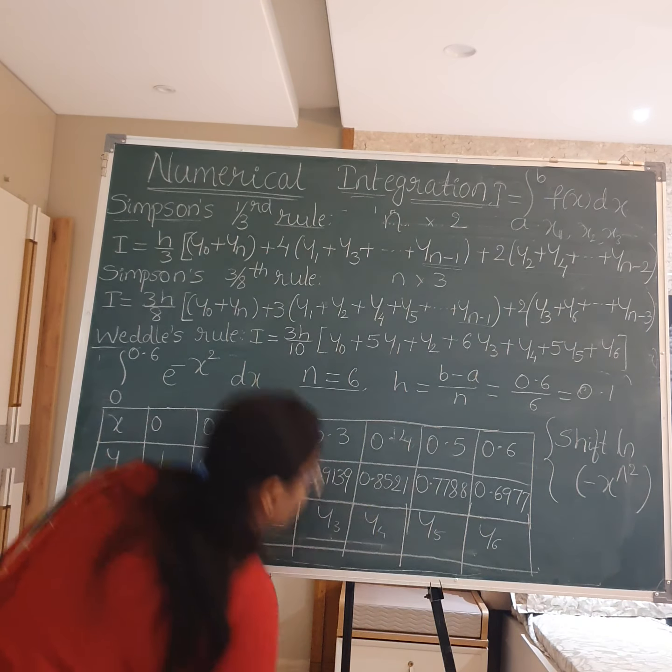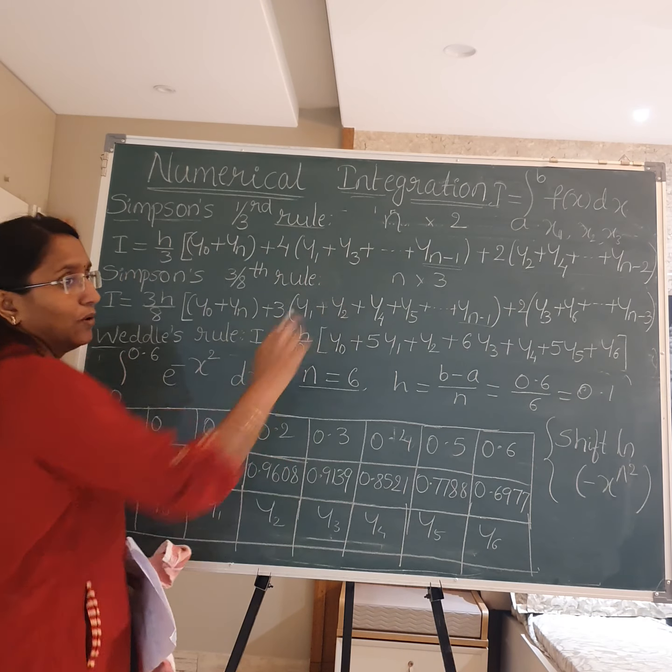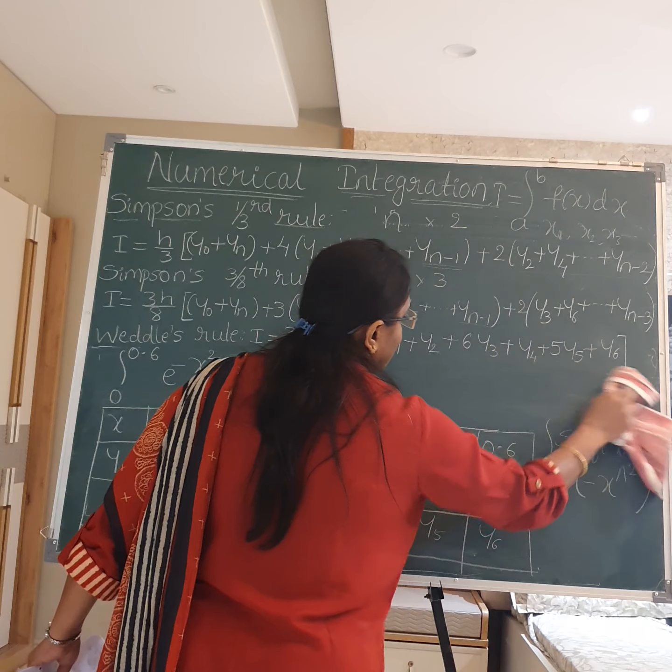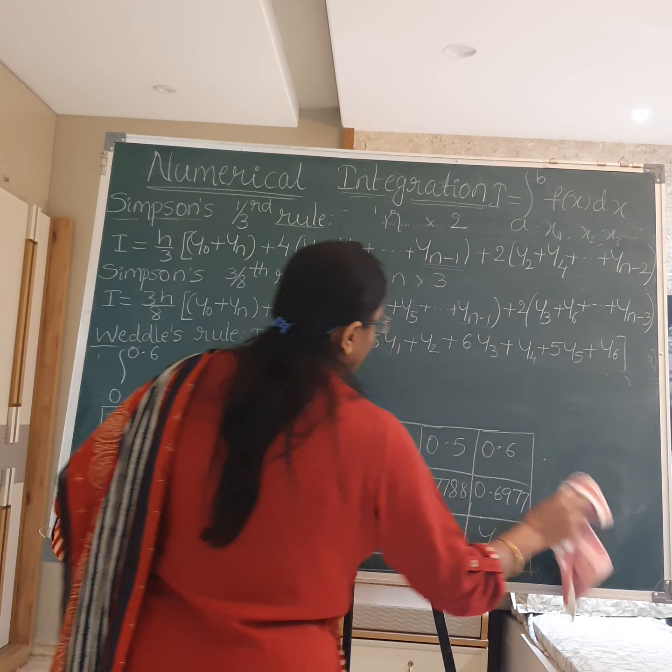Now again write the formula, the general formula of Simpson's 1/3 rule. Then n is equal to 6. In the previous example also it was 6.